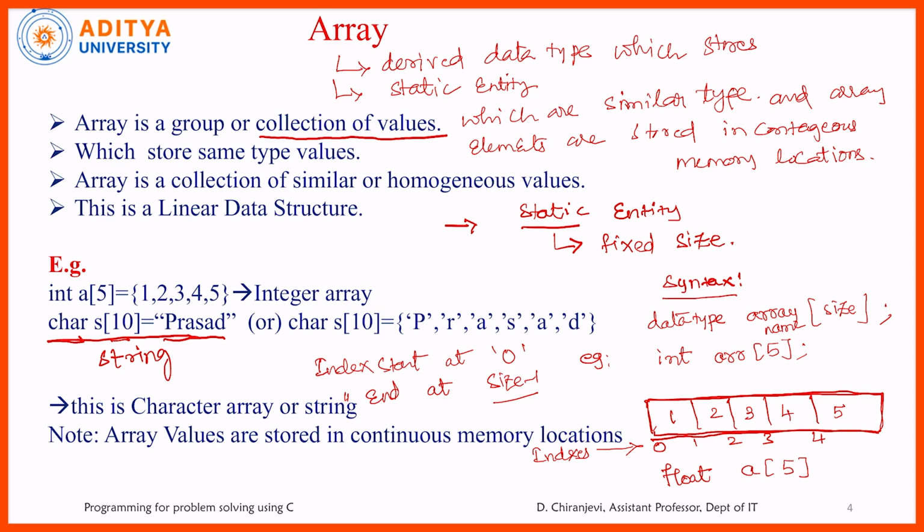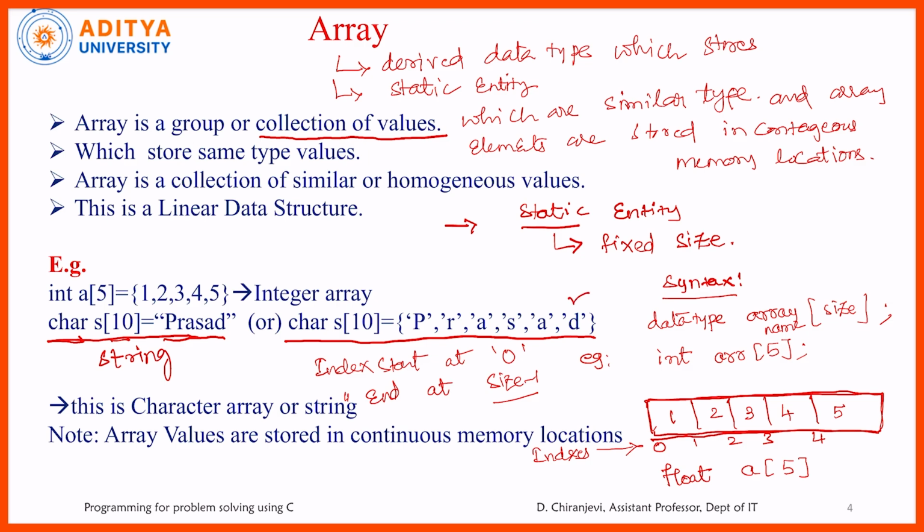Okay, if the number of characters is size minus 1 or less, then also you can say it is a string. But this other one is a character array, because here the elements are stored in single quotes. You specified the size as 10, and the elements are stored in single quotes, so this is a character array example. The difference between a string and a character array is that in a character array, the last element is a character only.